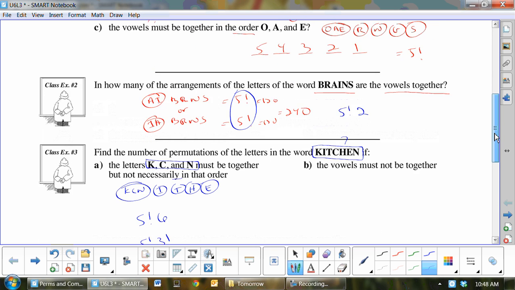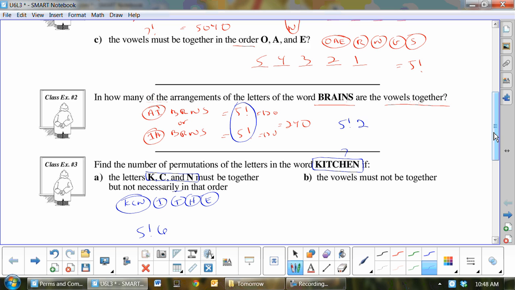Okay, what's another way to write 2? Come up to the top here. What else equals 2? 2 factorial.